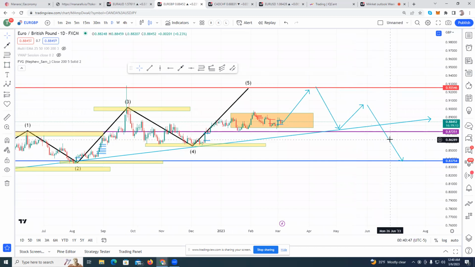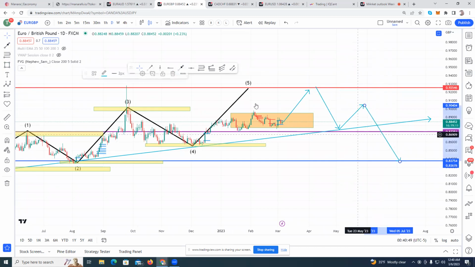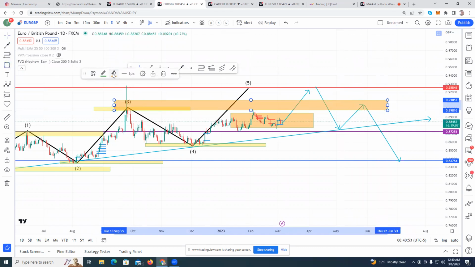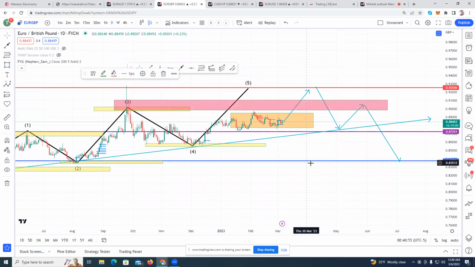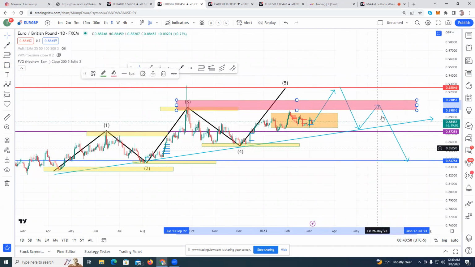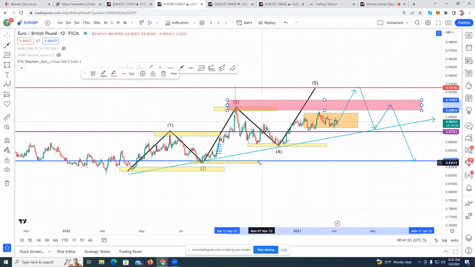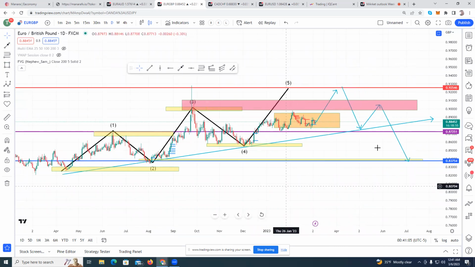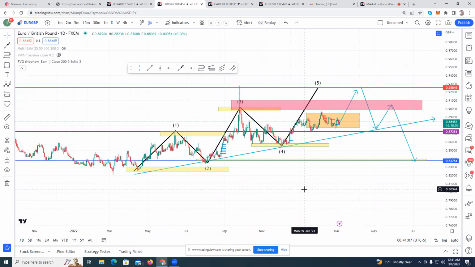Okay, something like this maybe potentially, where we see in the future this area act as a resistance. Potentially, right? It's kind of what I'm looking at to bring price all the way back down to originally where we started, or just above, creating a higher low and then starting a new cycle.